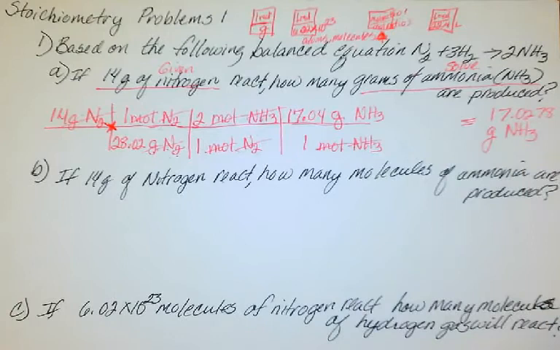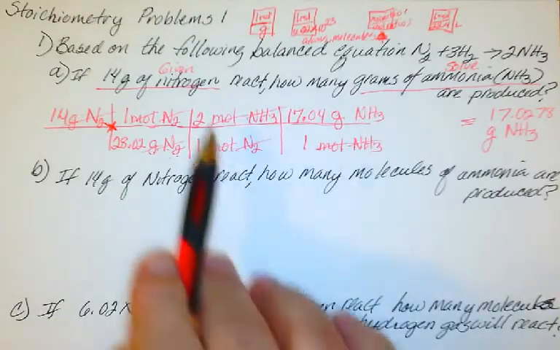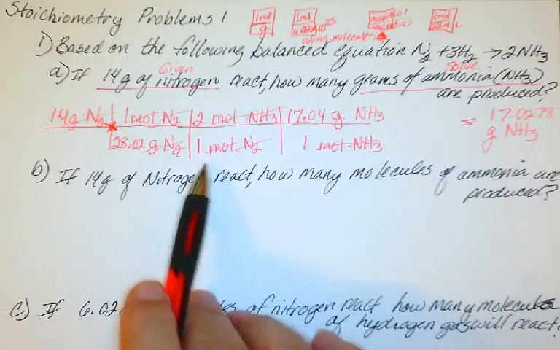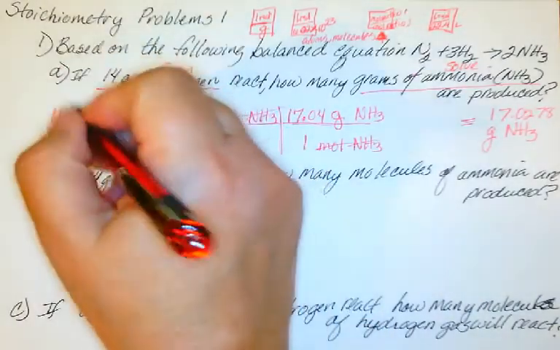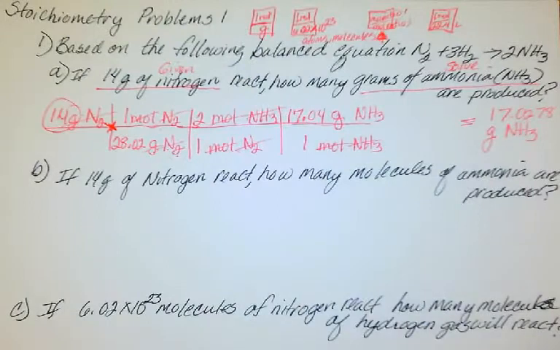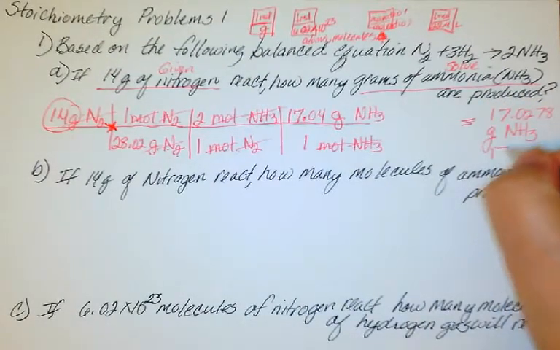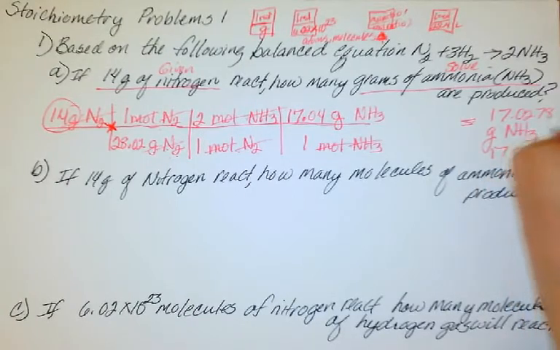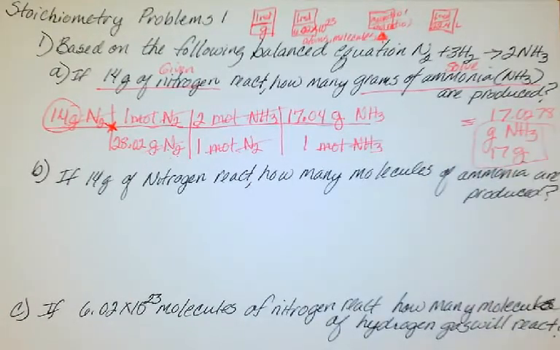It keeps going on. Significant figures tell me that I can reduce that to the least amount. This is mole ratio. The given always counts. In this case that has 2 sig figs, so I only needed 2, so I could just say 17 grams. And that would be my final answer.